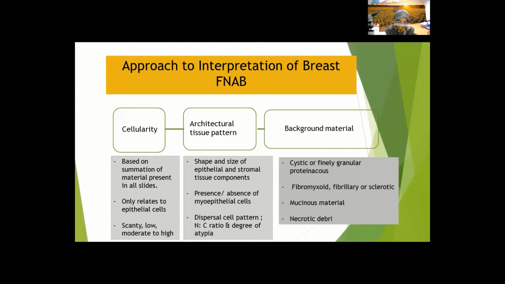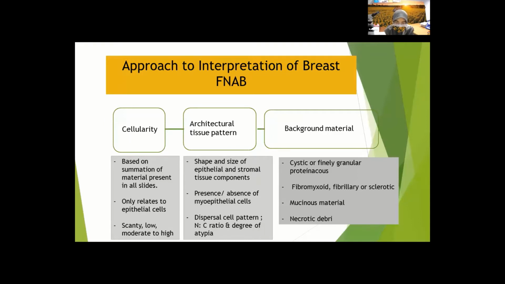It can be described as scanty, low, moderate, or high. And after that, the assessment of the architectural tissue pattern. The assessment can be done under low power. So we need to describe the shape and size of the epithelial and stromal tissue components, whether large or small, crowded, overlapping.